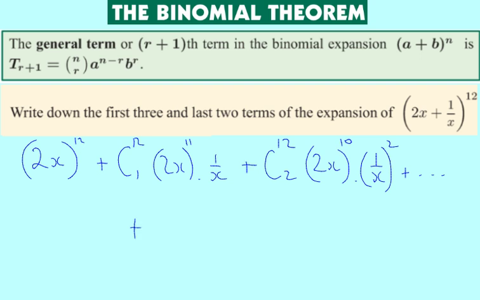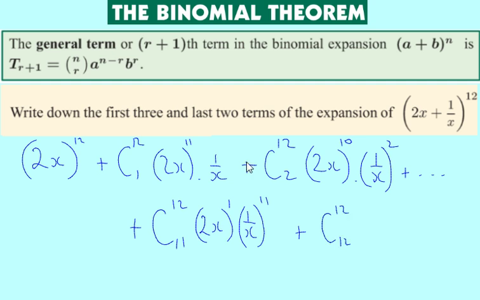The second to last term will be C(12,11), and then the 2x is raised to the power of 12 take 11, and the 1 on x is to the power of 11. And my final term will be C(12,12), which in fact equals 1, and then 2x to the power of 0, and then 1 on x to the power of 12.